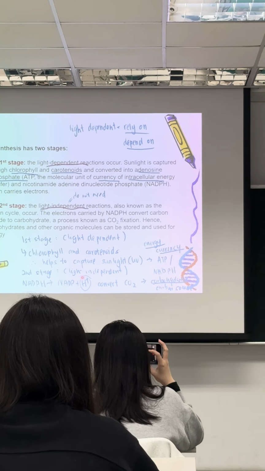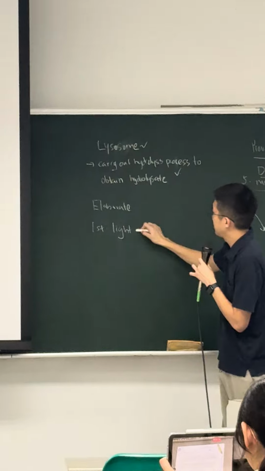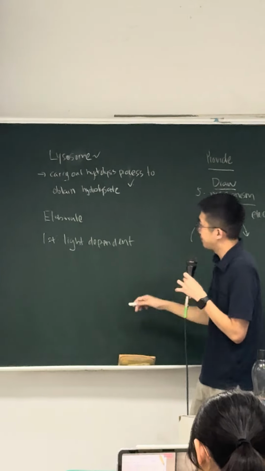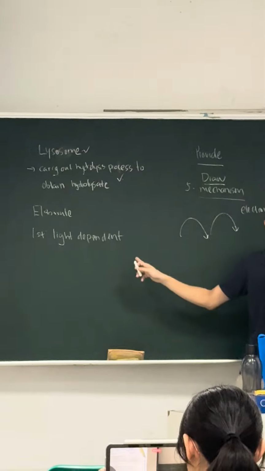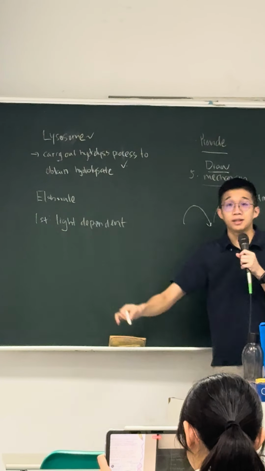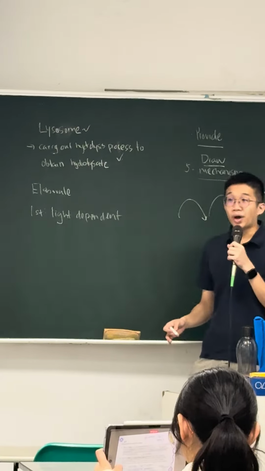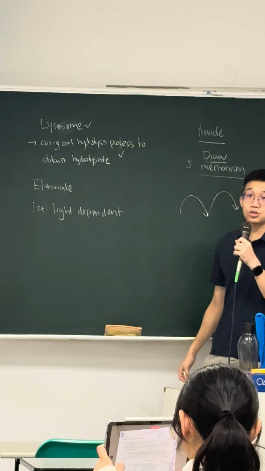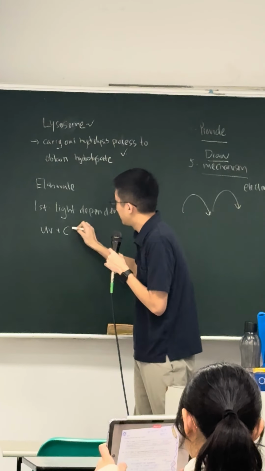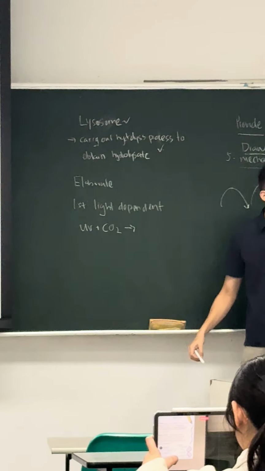The first stage, what is the first stage? Light dependent. What does it mean by light dependent? Do not just write light dependent. You need to explain. Light dependent is actually the requirement of light in this stage.